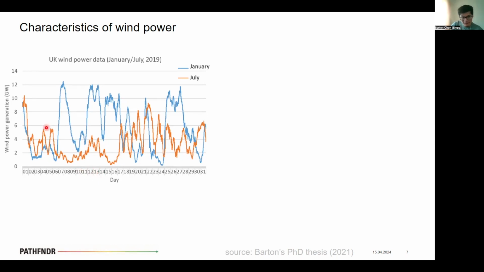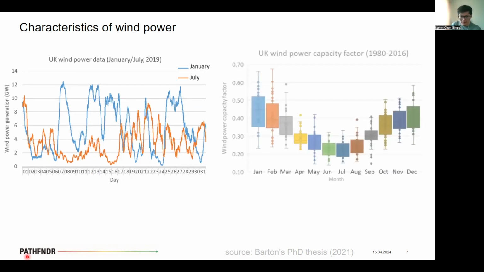And if you look at the orange line, you can see that wind generation is usually lower in summer. If we step back to look at this profile over a longer period of time, on the right-hand side is 36 years of wind power statistics.